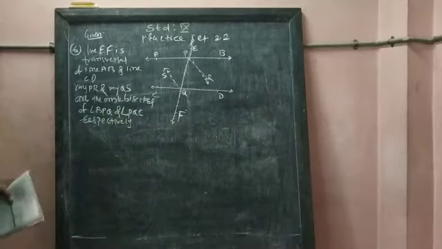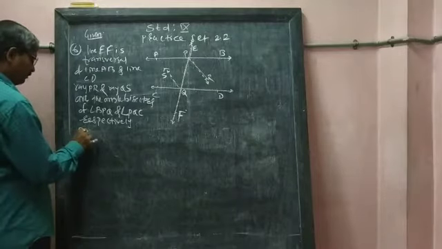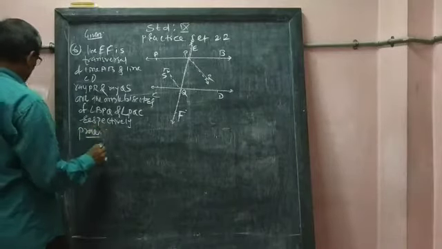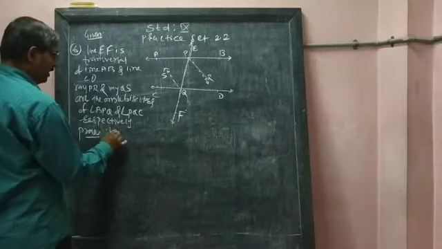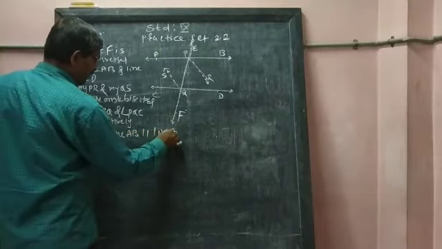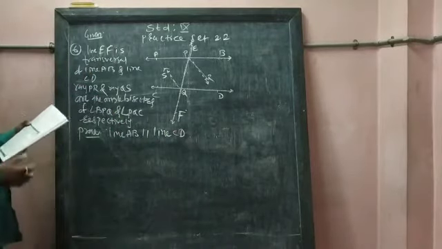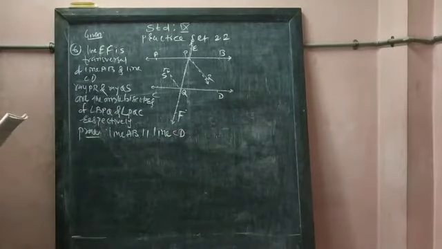Then we should prove, what will you prove? Line AB is parallel to line CD.